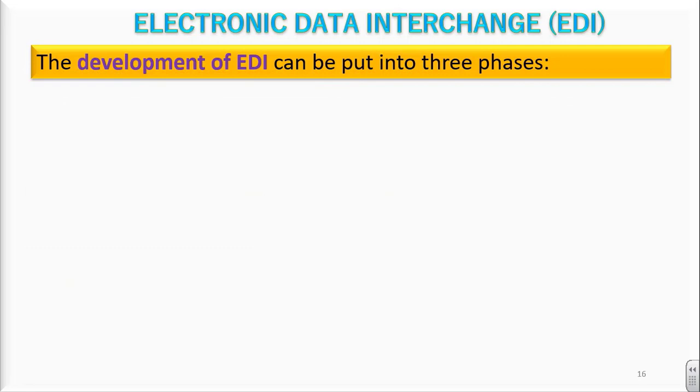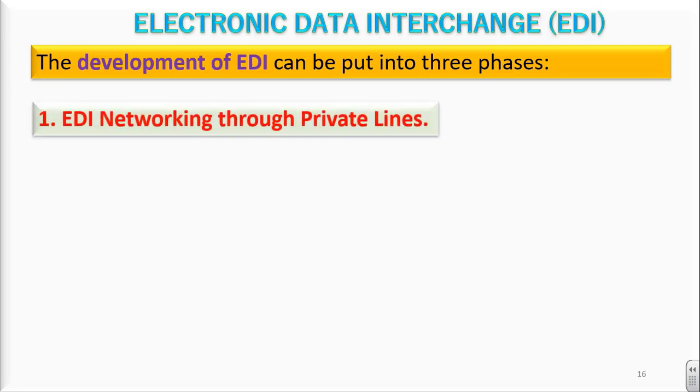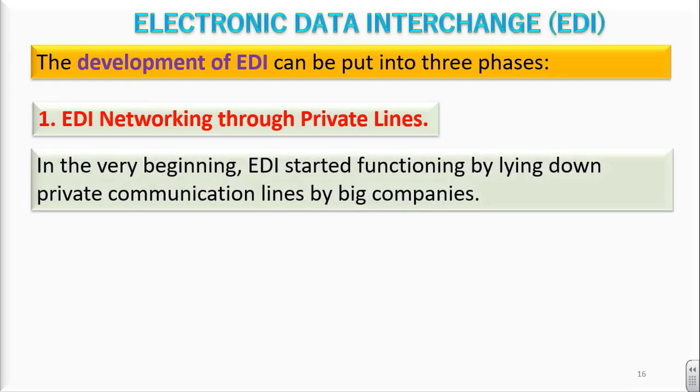Now, how did this EDI develop? We can put the development of EDI into three phases. The first phase is EDI networking through private lines. In the very beginning, EDI started functioning by laying down private communication lines by big companies. Suppose there is one big hospital and there is one big supplier.